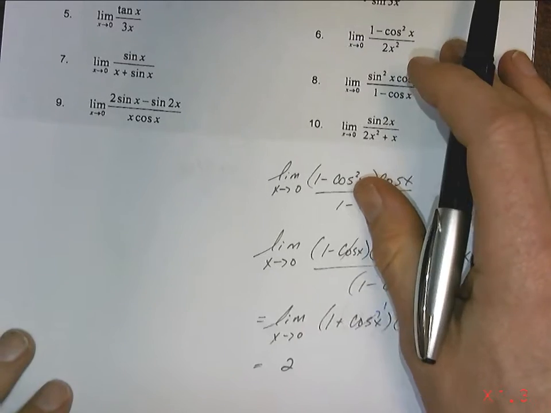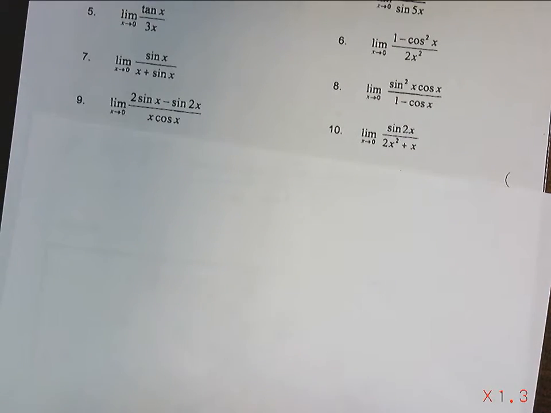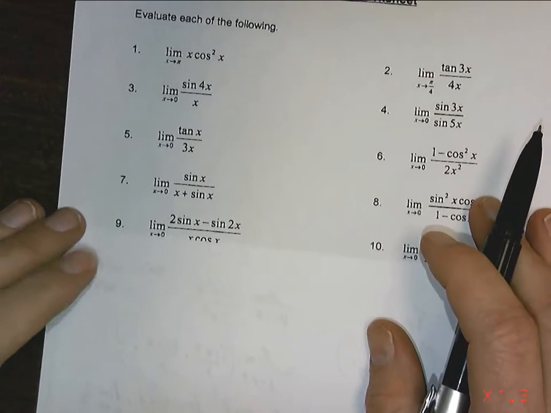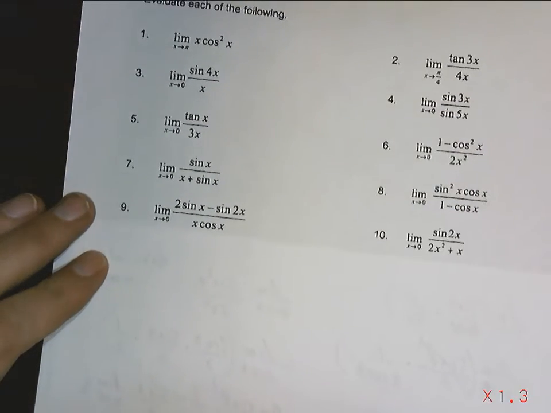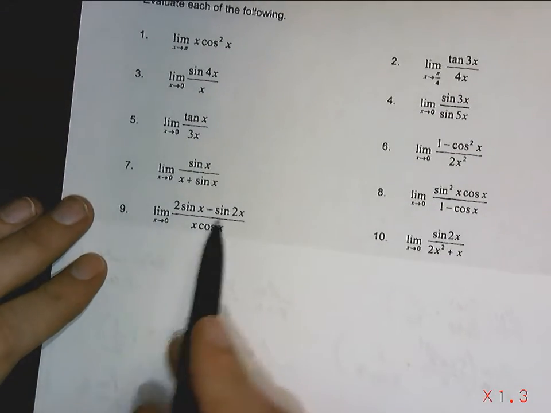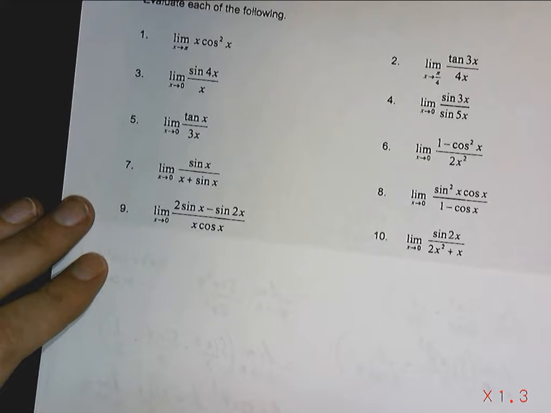Let's see what's here. Number 9. Double angle formula here. That might be interesting. I don't think so, though. I think I can take care of that. I think we can look after this. Let's see.